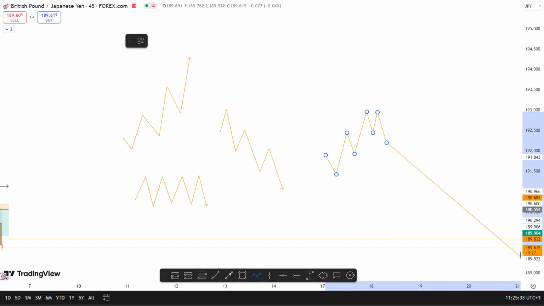When the market refuses to take out highs and starts taking out lows, then you know that the market has now shifted from a bullish movement to a bearish movement.